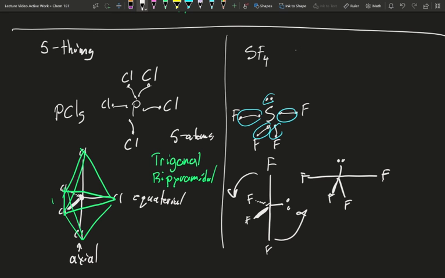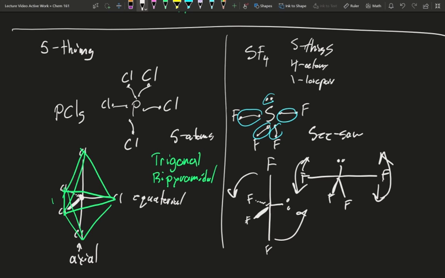If you have 5 things, 4 atoms, 1 lone pair, it is a seesaw. Sometimes you'll see distorted tetrahedral for people who don't like the name seesaw, but it's pretty much stuck. Basically, you can imagine one of these ends going down, this one going up, and then going back the other way. It's like the old playground toy.